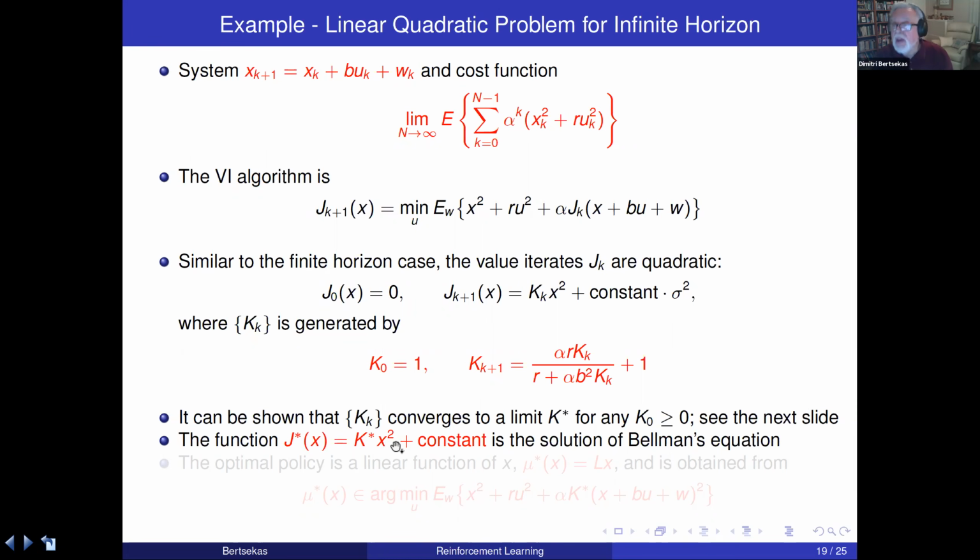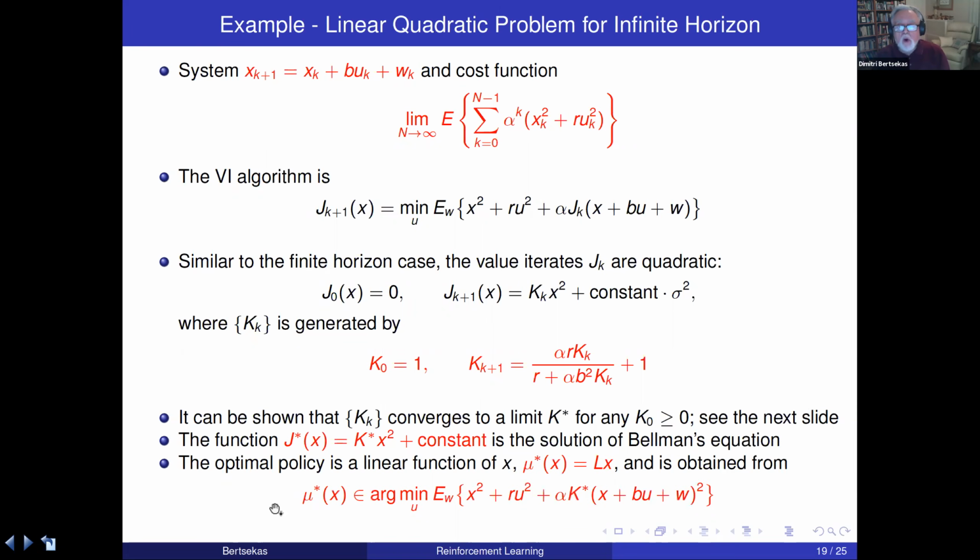Now, according to the second theorem we gave, the limit of value iteration is also the optimal cost function, which solves Bellman's equation. Moreover, according to the third theorem we gave, and also our discussion of the finite horizon version of the problem, the optimal policy is a linear function of the state and is obtained by minimizing in Bellman's equation.